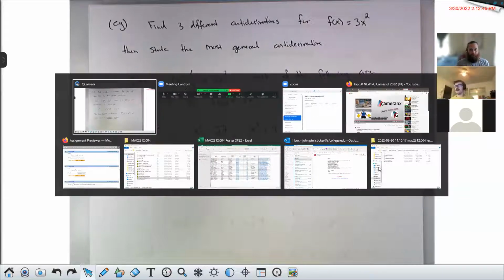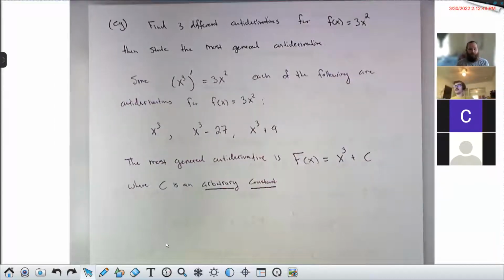Is there a clear way to write out how you're finding the antiderivative? Like you wrote f of x equals 3x squared, and then you just wrote the antiderivatives underneath. There's no sort of capital F of x is anything until you get to the most general? I want to make sure I understand the question. Are you asking how I came up with the x cubed?